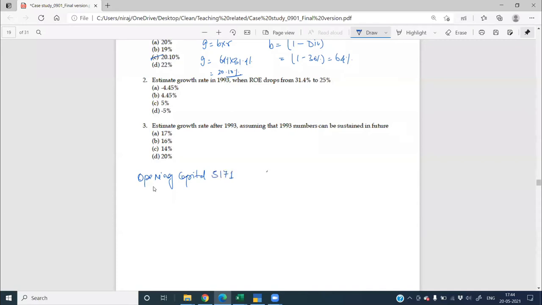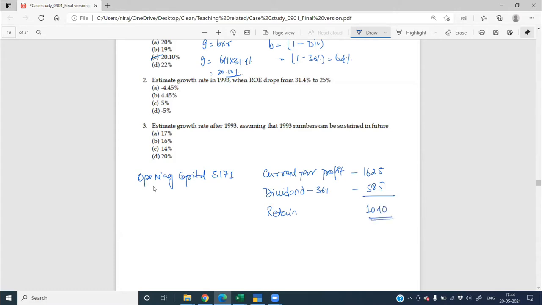What was your current year profit? 1625. Out of this, what is the dividend that you are going to pay? 36%. How much will it come to? It will come to 585. So what are you going to retain? 1040.